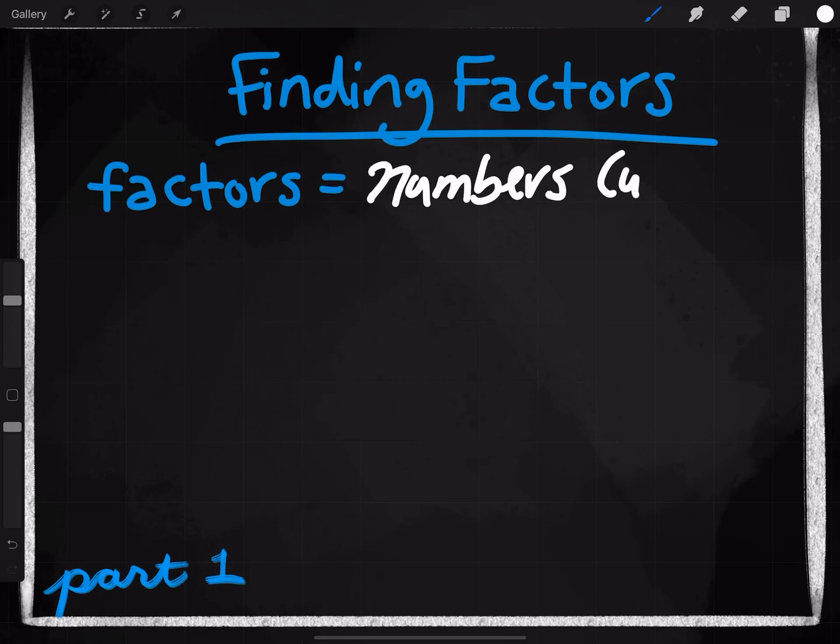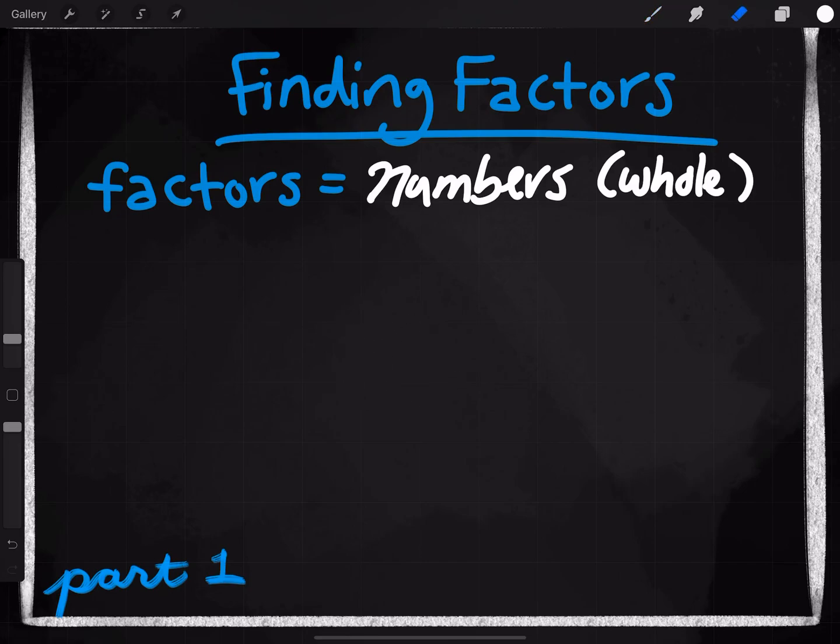They have to be whole numbers. They can't be like 3.278. Nope. And they can't be like 5/12. Nope. Those don't count as factors.